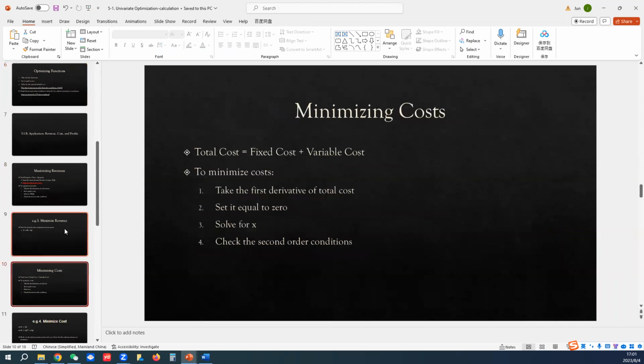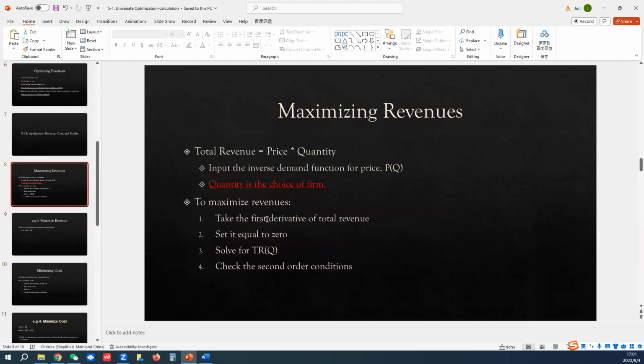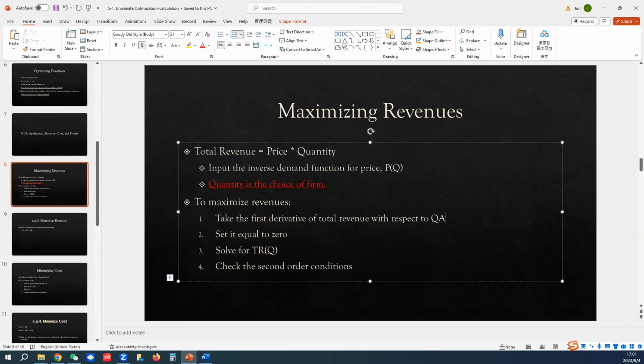Now we take the first derivative of total revenue with respect to Q, set the first order condition equal to 0, and solve for the root of this first order condition.